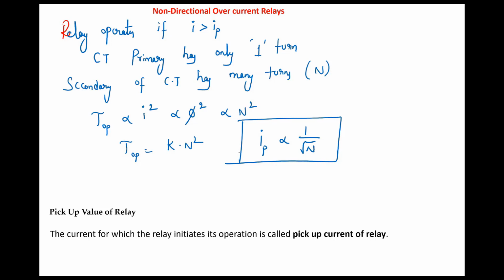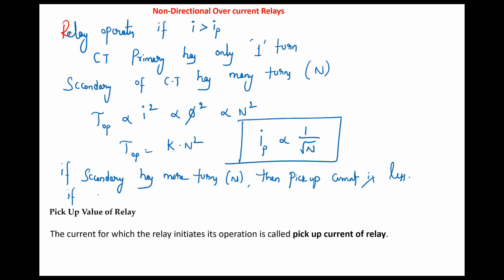Understand? The point is, if the secondary has more turns, that is a higher N value, then the pickup current is less.